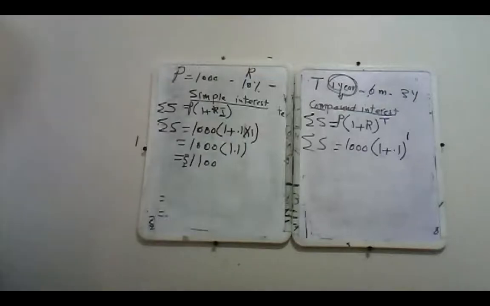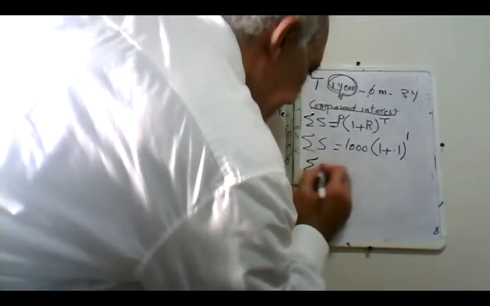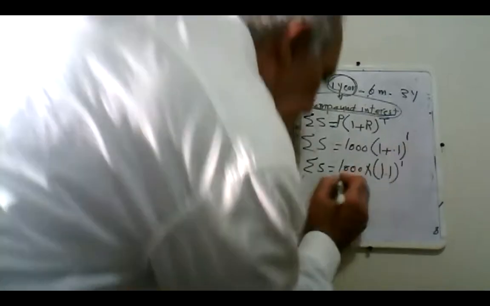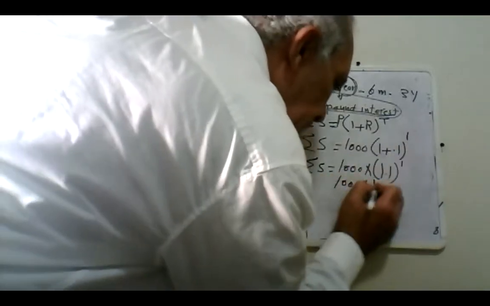I finished the simple interest and I'm doing compound interest for 1 year. So it will be 1,000 multiplied by 1.1. The same thing, 1 plus 0.1 is 1.1. Power 1 is still 1.1.